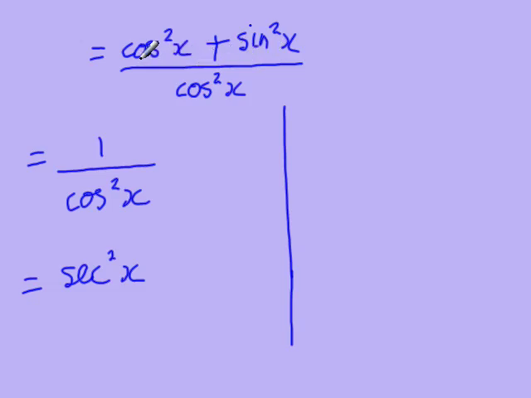Another way of simplifying it is thinking, well, this is a fraction, and so I can split it into two, a bit like 2/5 plus 8/5. So that's equal to cos squared x over cos squared x plus sine squared x over cos squared x.